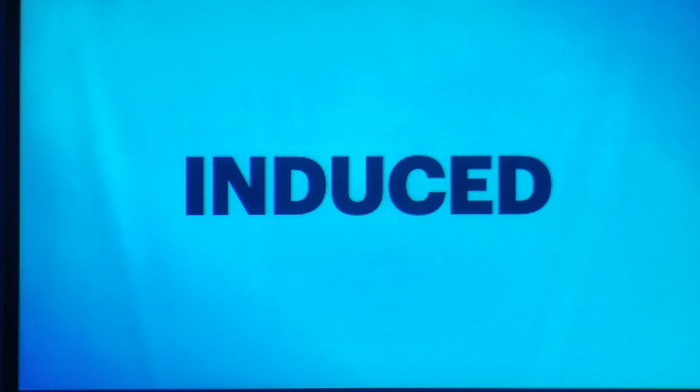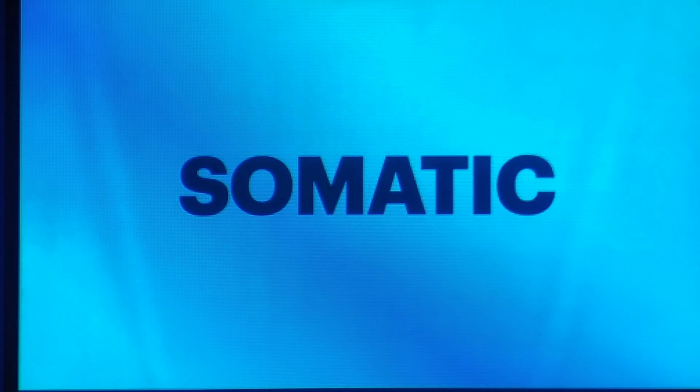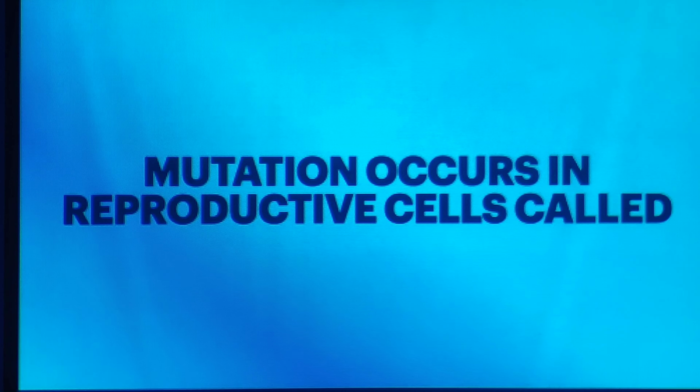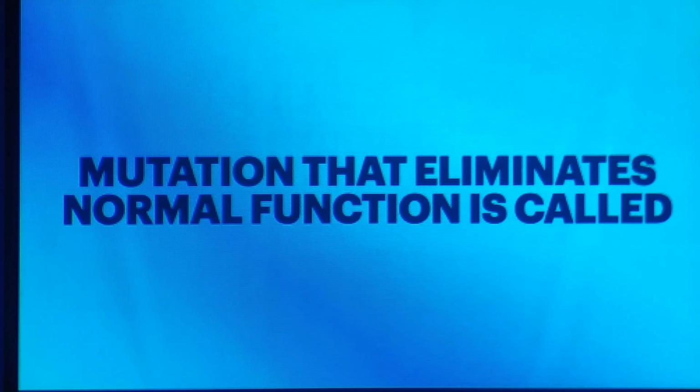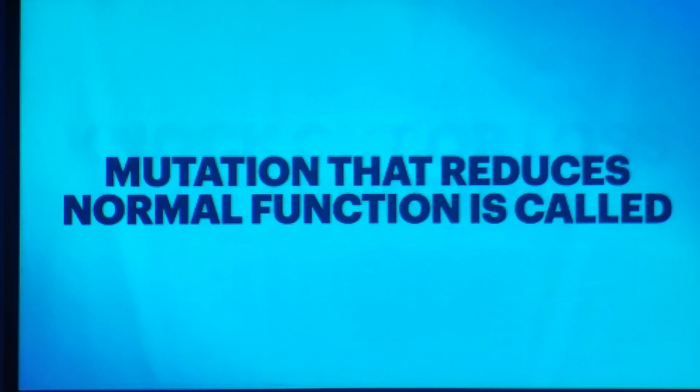Mutation occurs in non-reproductive cells is called somatic mutation. Mutation occurs in reproductive cells are called germline mutation. Mutation that eliminates normal function is called knockout or loss of function.